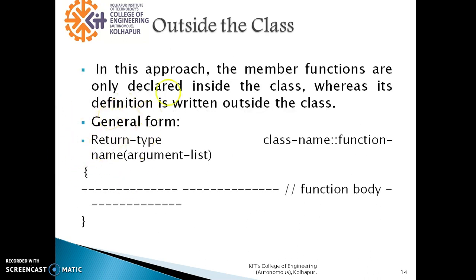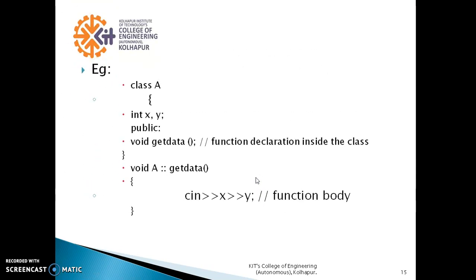Return type, class name, scope resolution operator, and function name. These two colons are called the scope resolution operator, and its use is that it states that the function belongs to that particular class. Check the example, you will get a good idea of that.